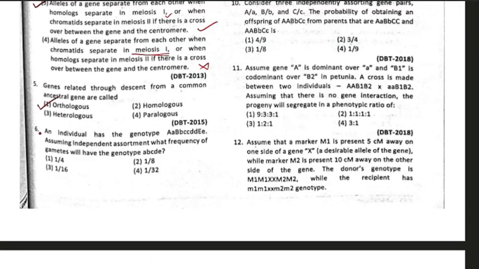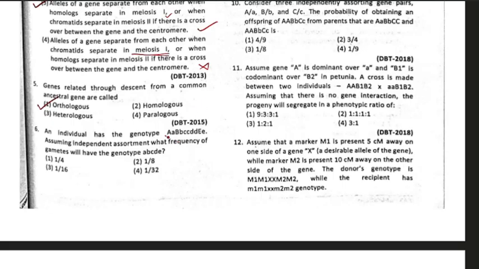Next question, question number 6. An individual has the genotype capital A small a, capital B small b, small c, small d, capital E small e. Assuming independent assortment, what is the frequency of gametes having the genotype small a, small b, small c, small d, small e?